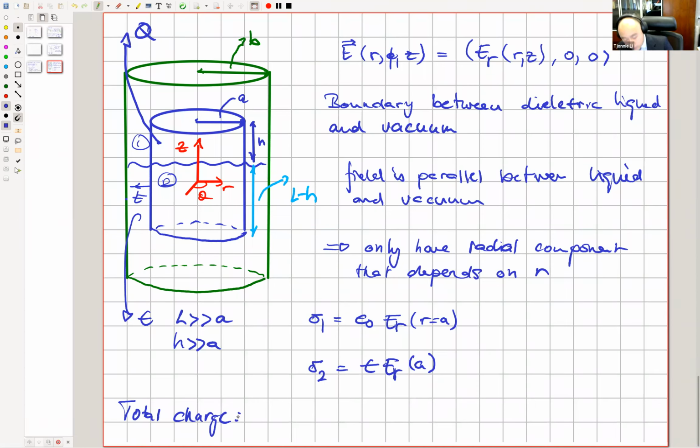Somehow we must be able to balance this. So Q, the total free charge, is just the amount of charge on both sides.